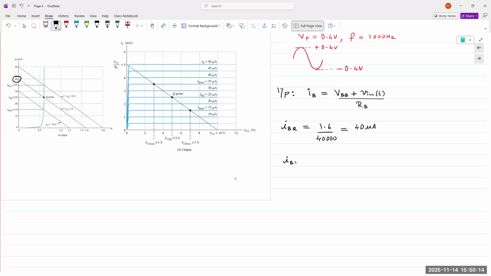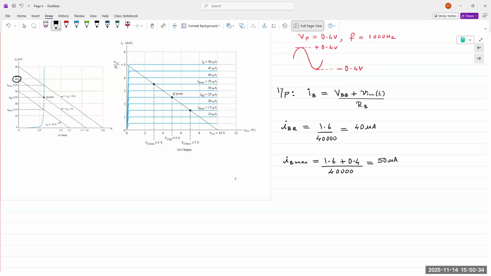So the max value for IB is going to be 1.6 plus 0.4, which gives me a value of 50 microamps.